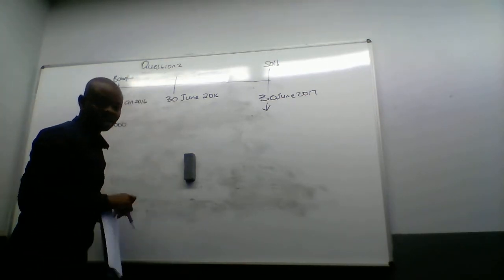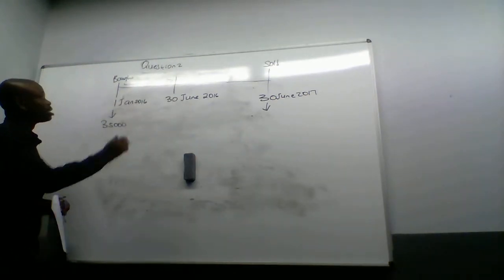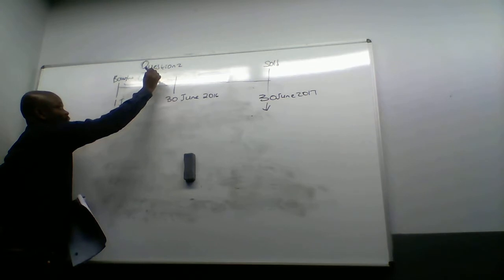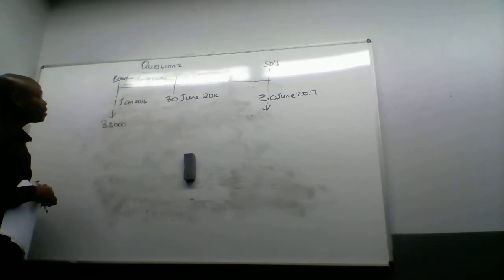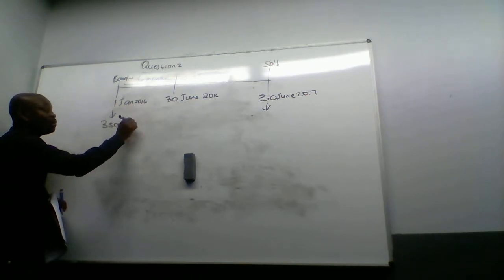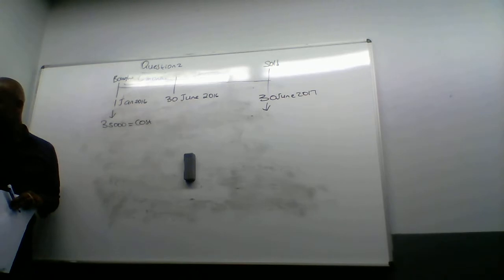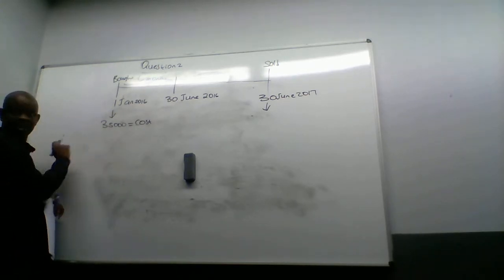How many months do we have here? Please check for me. 6 months. So let's depreciate this for 6 months. Remember, we can only depreciate the cost, not the selling price. Be careful. Let's start with this one.